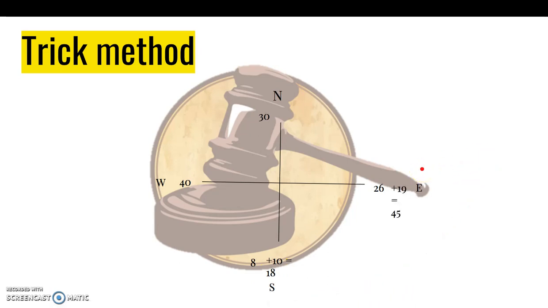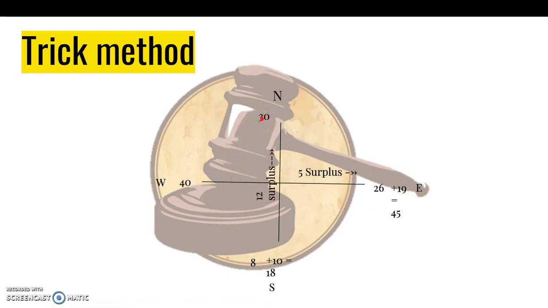So we add the remaining 19 meter to the east column, which makes the total 45. Okay, so now what we have to do is to find the surplus. So surplus here is 5 meter in the east direction. Similarly, we find surplus here, which is 12 meter in the north direction.